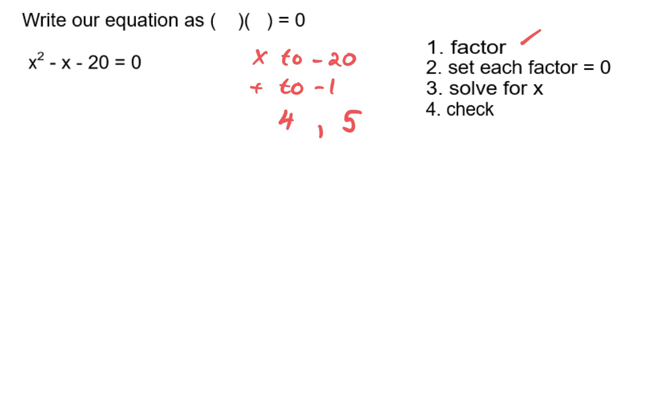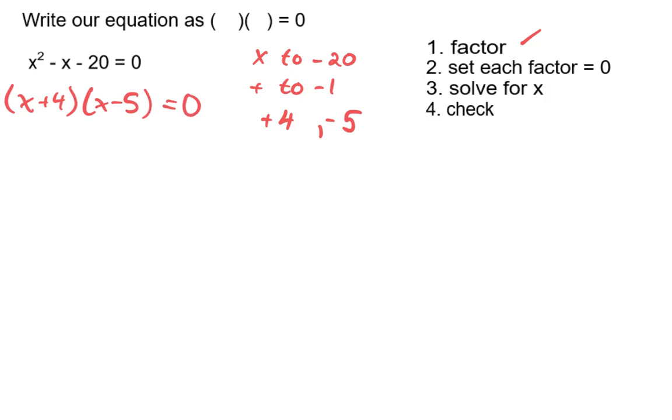One of them has to be negative, so we can get that negative 20. Which one? Well, let's see. If I make the 5 negative and the 4 positive, 4 minus 5 gives us that negative 1. So we know that this in factored form is going to be x plus 4, x minus 5 equals 0.